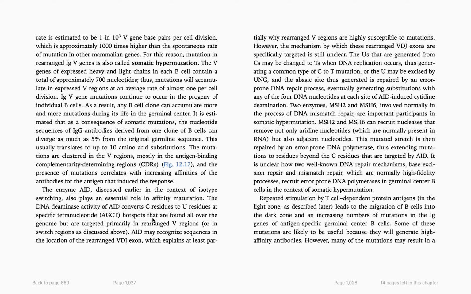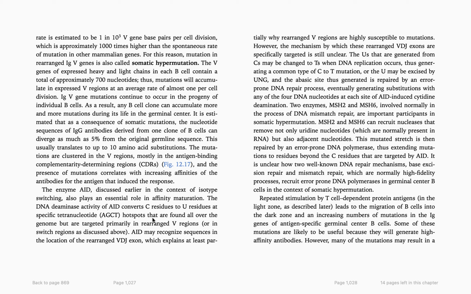The enzyme AID, discussed earlier in the context of isotype switching, also plays an essential role in affinity maturation. The DNA deaminase activity of AID converts C residues to U residues that specify tetranucleotide hotspots, found all over the genome but targeted primarily to rearranged V regions or in switch regions as discussed above.